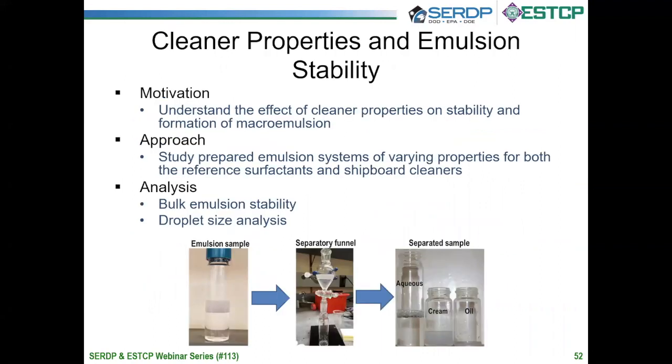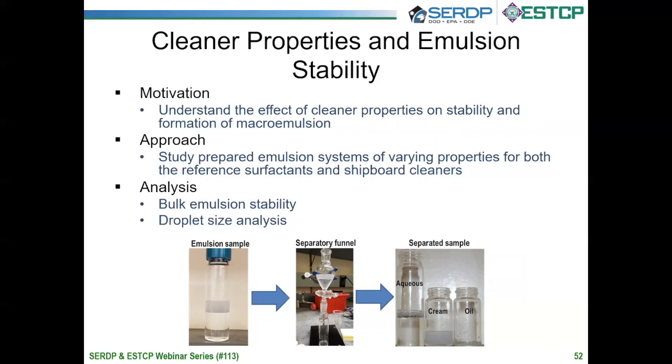So knowing this information, we were curious if the experimentally determined properties could provide an indication, universally, about how these cleaners might behave shipboard. And so we looked both at some of the measurable properties as well as environmental impacts.